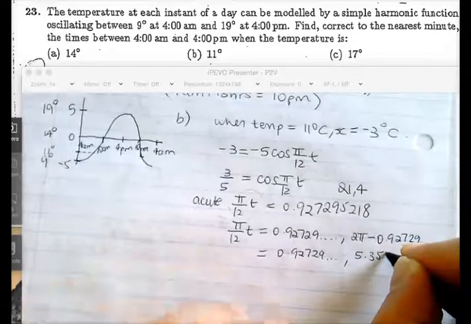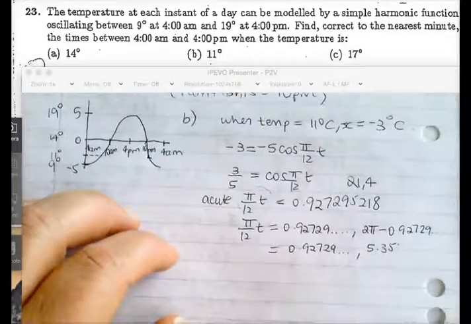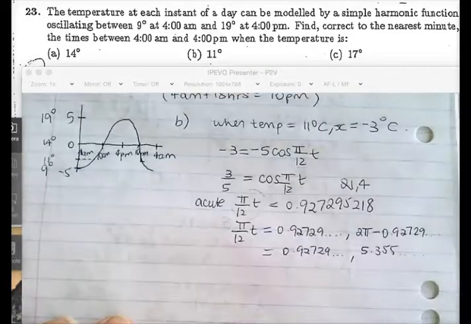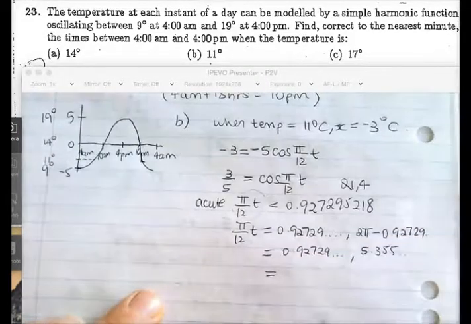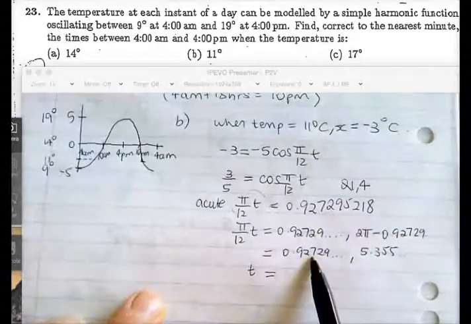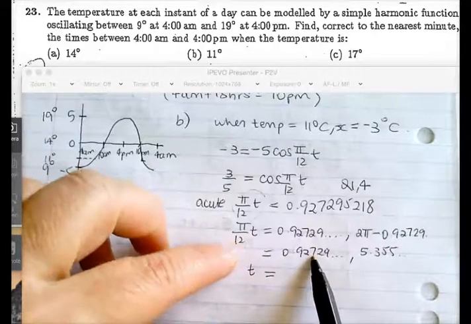Doesn't the question say the times between 5 and 5? Can someone explain? What you do is you don't delete it. Sorry, what we should have done is you're going to have to do this one. So what do I do with this number now to get time? I have to times this by 12 and divide by pi.